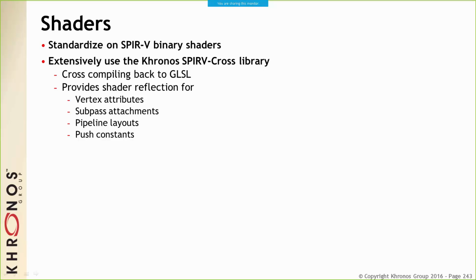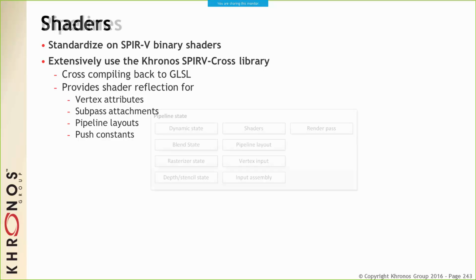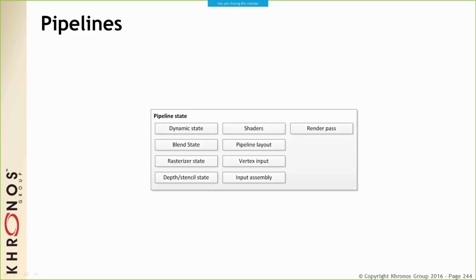So how did we deal with pipelines then? In GL, things are very simple. We just set a bunch of state and it just works, although it might trigger some driver or shader recompilations here and there, but overall it's a very simple model. Ideally, we would create all the pipelines up front, right?